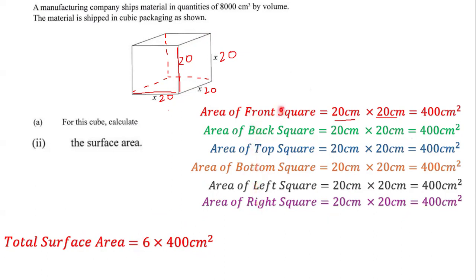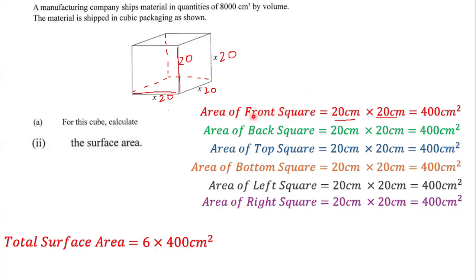Right? The total surface area is going to be 6 times 400 centimeters squared. It's 6 because there are 6 squares.